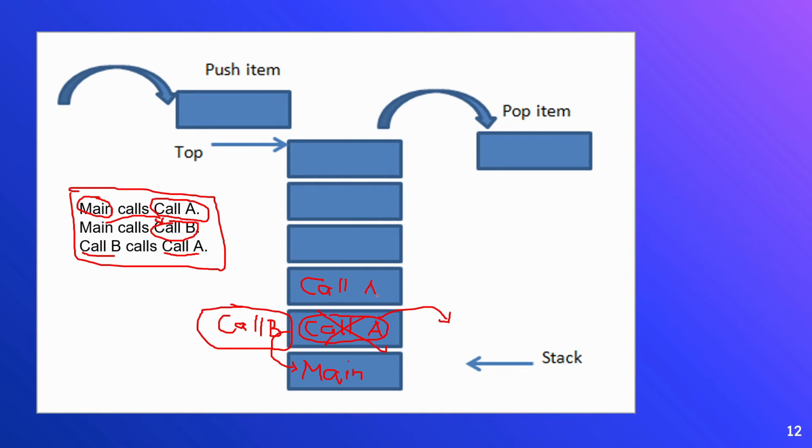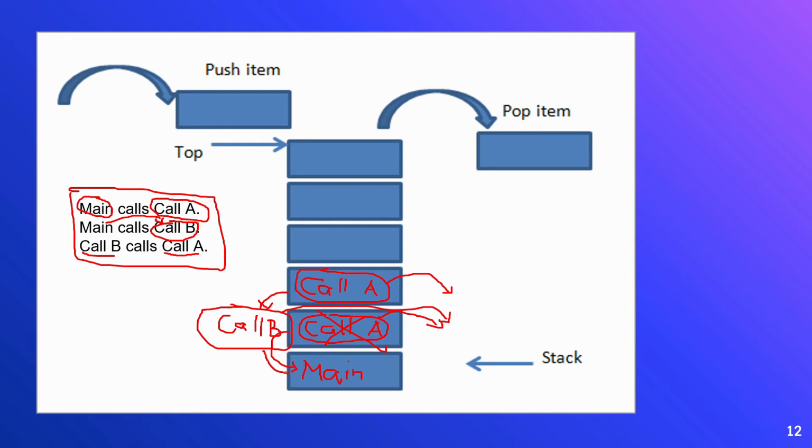While reading call A and executing it, call A will be popped off right after. Then the control goes back to call B. While reading call B again, it will be popped after execution, and the control goes back to main.